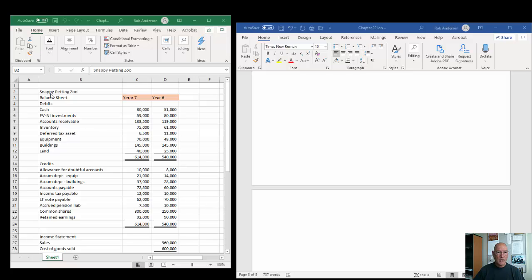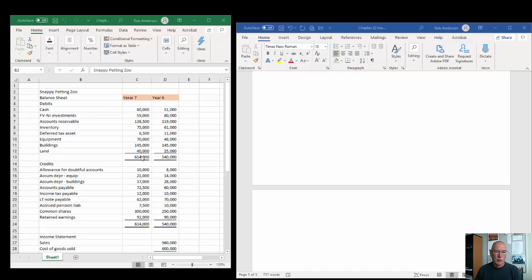We are the Snappy Petting Zoo, and we're looking at a comparative balance sheet for 2 years. Now you'll notice that this isn't really a comparative balance sheet, actually. It's just a list of debits and credits. Same idea, though. It will work for us either way. And I think, if you were looking in some accounting books, if you look at a cash flow question, sometimes they just give you increases and decreases, and they don't even give you the balance.